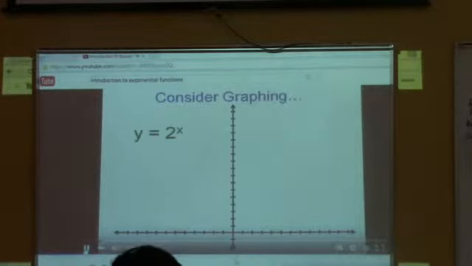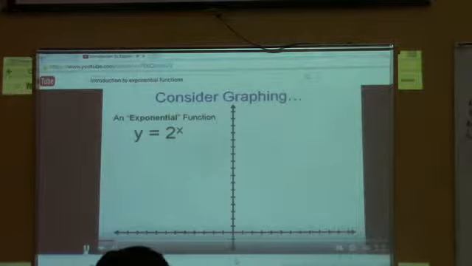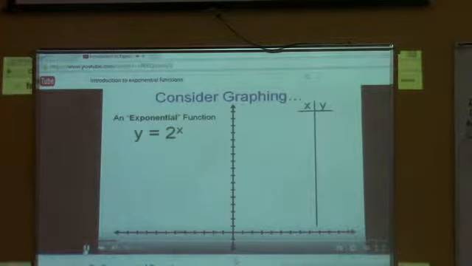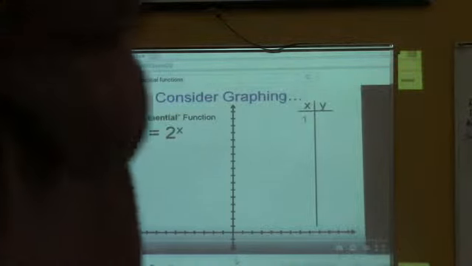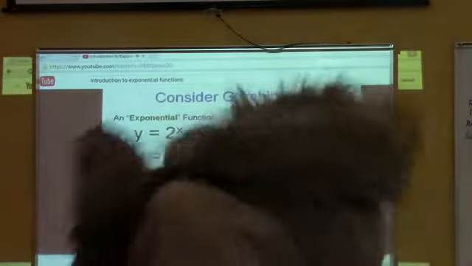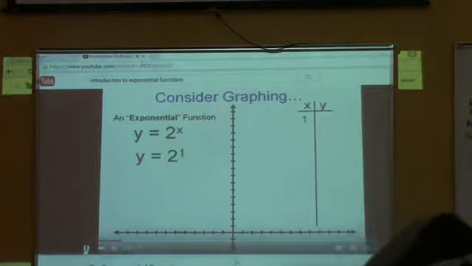Let's look at the graph and all the possibilities of plugging in various x values into this function. Since the x is in the exponent, we're going to call it an exponential function.